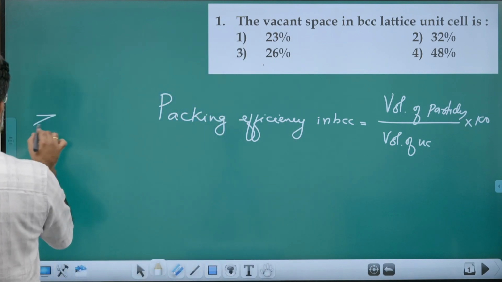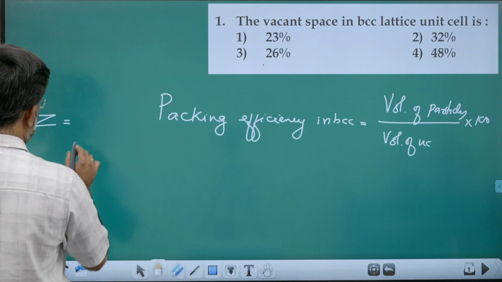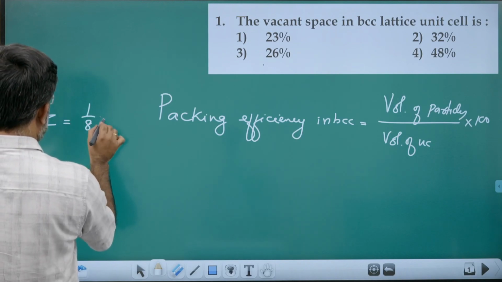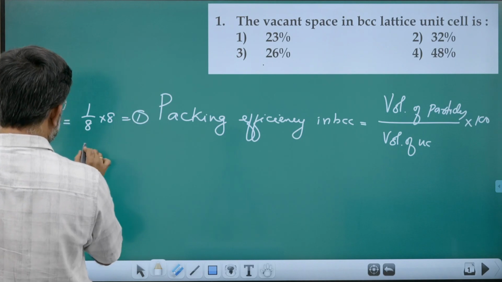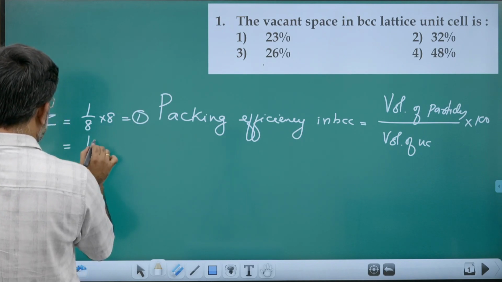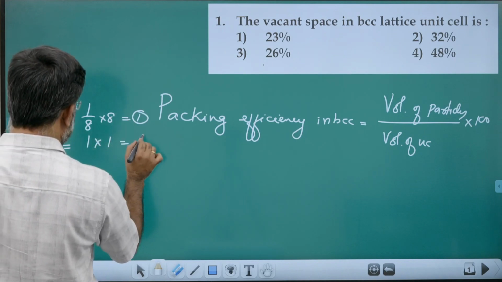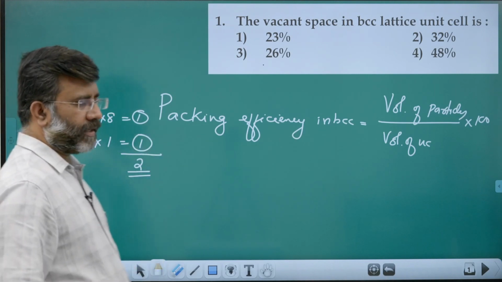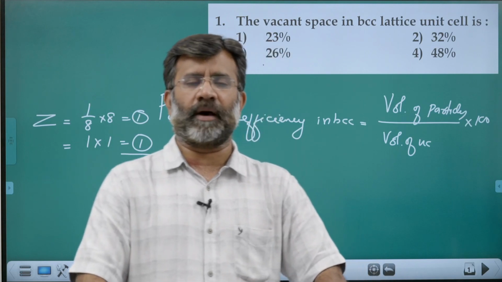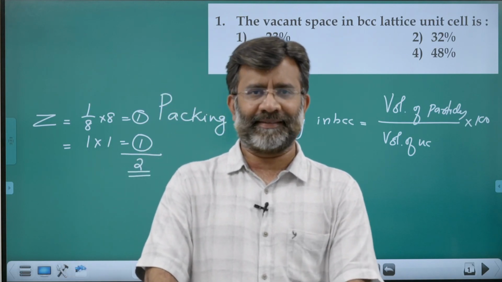So for the 8 particles at the corners, it is 1 by 8 into 8 equal to 1. And 1 particle in the body center, that is 1. So 1 plus 1, 2. 2 is the effective number of particles per unit cell, right?